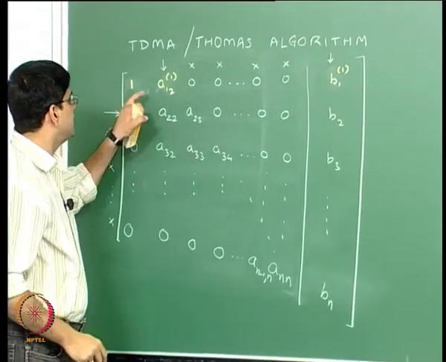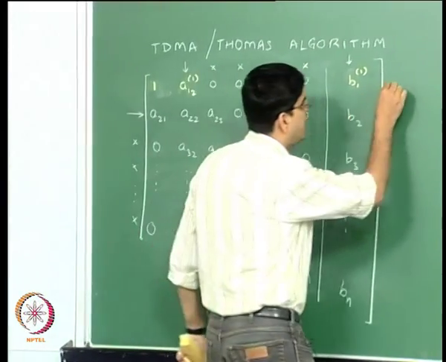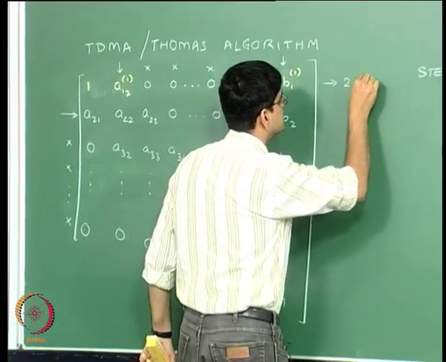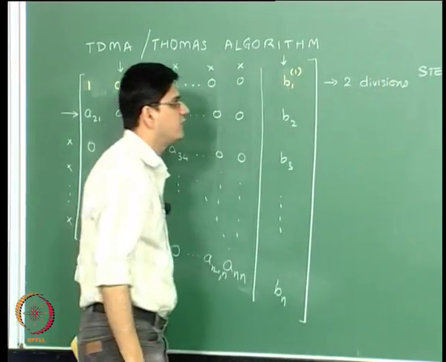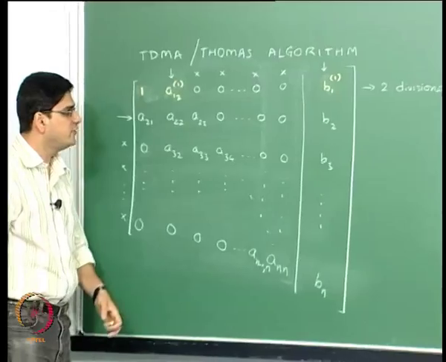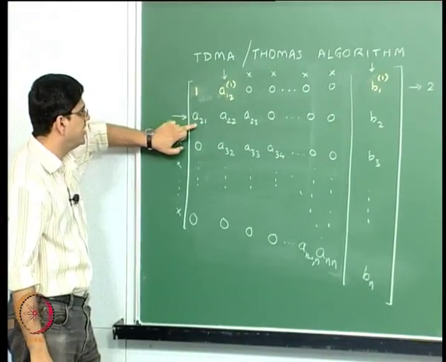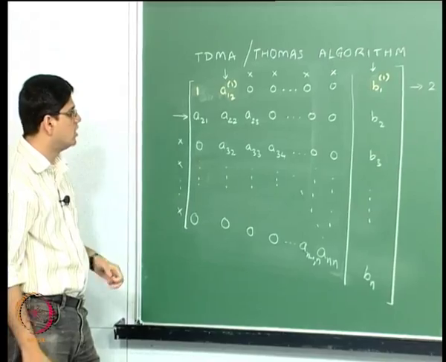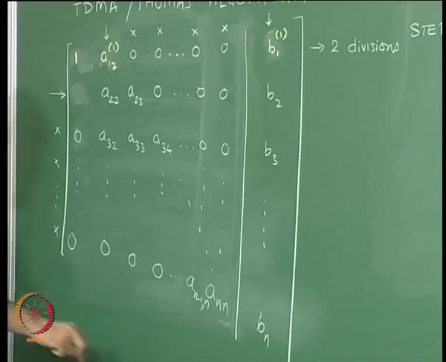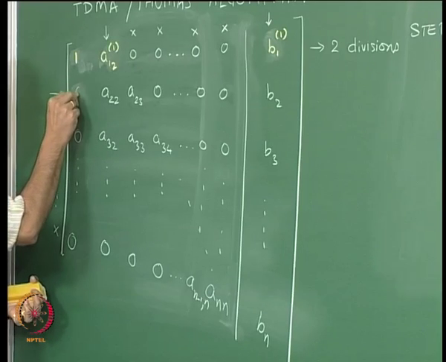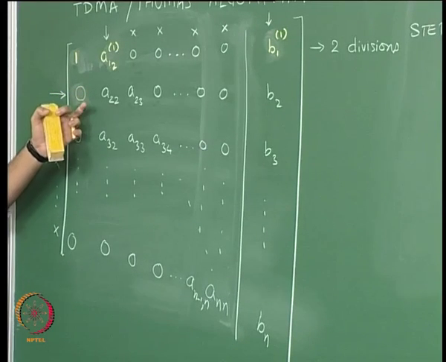So, this involves one division and the second division. So, step 1 involves 2 divisions. The first part involves 2 divisions. What we do next is this particular row minus A21 multiplied by this row. By doing that, this particular element gets converted into 0. We know it is going to get converted into 0, so this computation is not done.